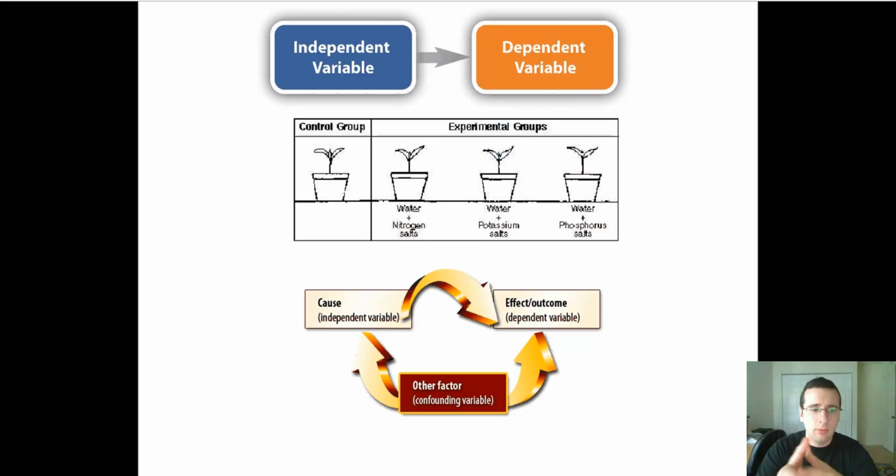If you put several types of fertilizer on the plants and you measure how much they grow, but you didn't have a control group where you put no fertilizer, then you can't say the plants are growing because of the fertilizer. If the control group, had you had one, had grown just as much, then the fertilizer would have made no difference. But without the control group, you would never be able to tell. So you always have to make sure that you have that. Otherwise, you cannot say the independent variable is what caused the change.